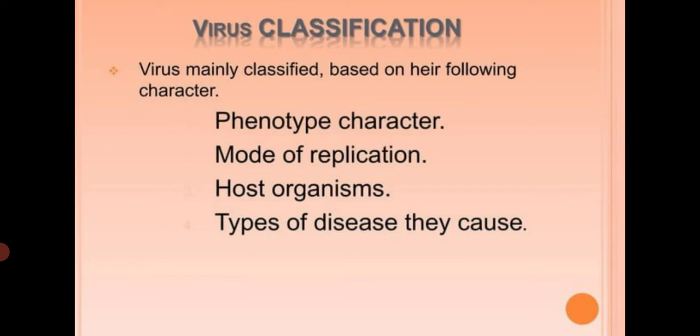In 1972, a scientist Johnson named the viruses on the basis of the disease caused by them. For example, the polio virus, mumps virus, influenza virus, rabies virus. These viruses are named on the basis of their disease.